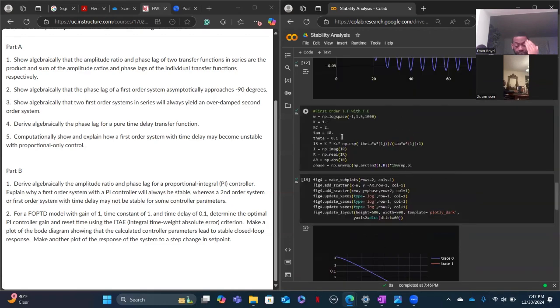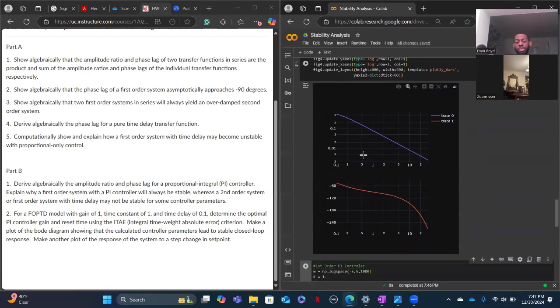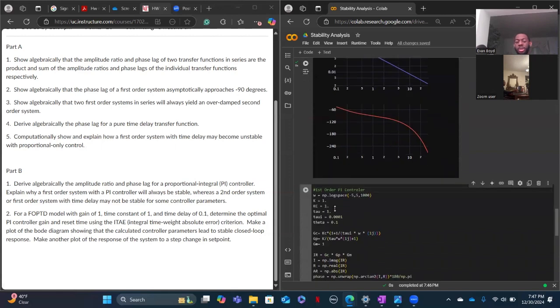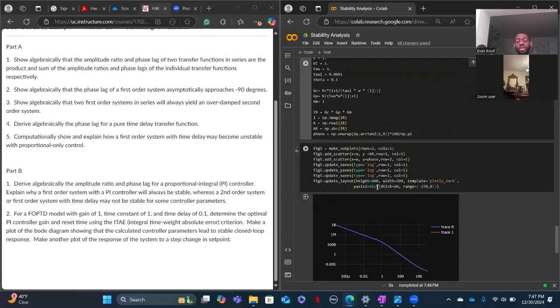Let's see, if we look at the first order transfer function with the time delay, like we did with our first part A, we see that at a given amount of time, once it reaches negative 180, it will become unstable over time. So if you incorporate time delay with our first or second order system, it will become unstable over time. Whereas if you do a PI controller, it will never become unstable.